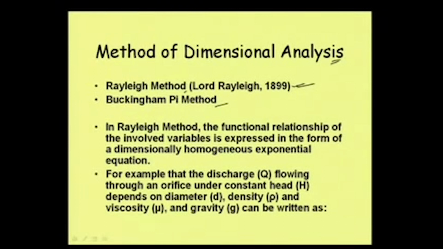In Rayleigh's method, the functional relationship of the involved variables is considered. What do we mean by involved variables? When we talk about a particular phenomenon, some parameters are involved in that phenomenon, and they will have some relationship.